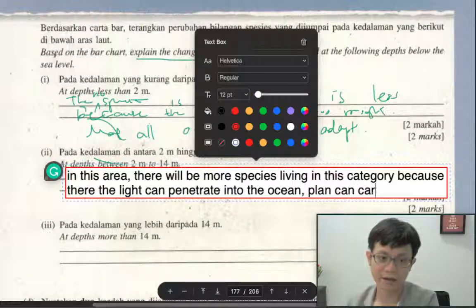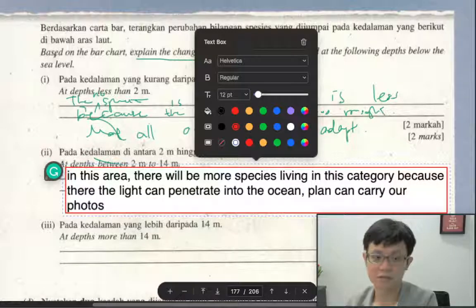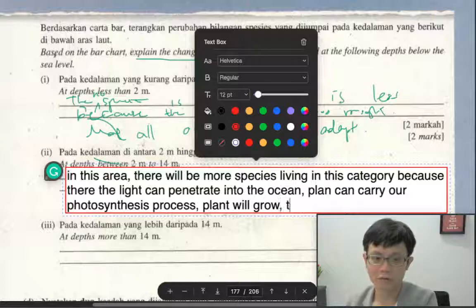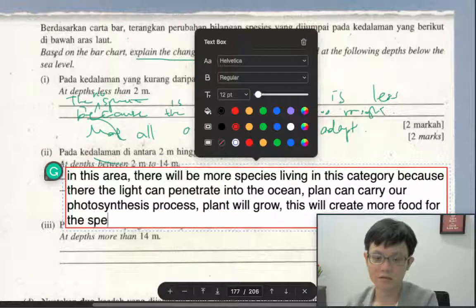Plant can carry out photosynthesis process. Plant will grow. This will create more food for the species of animal to consume, to live, and to grow.